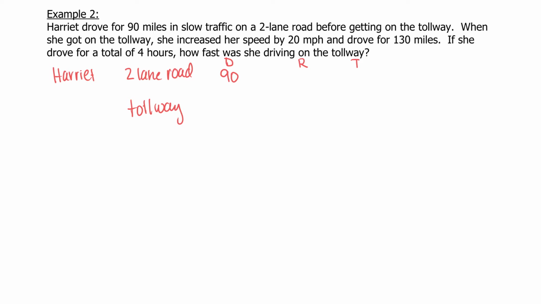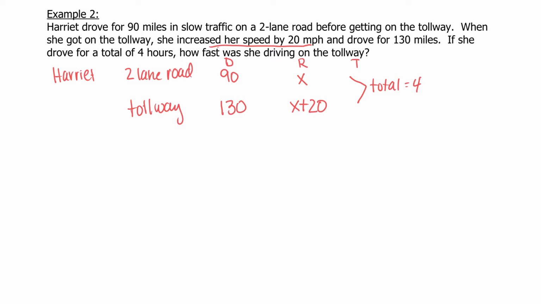On the tollway, she drove a distance of 130 miles. On the 2-lane road, let's just call that X because we don't know what her speed was, but when she got on the tollway, she increased it by 20. So X plus 20. And then the time is going to be a total of 4 hours.